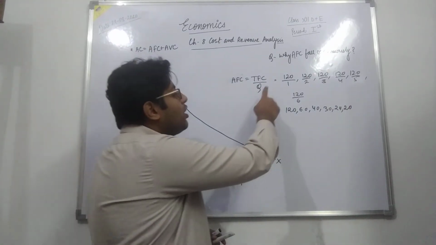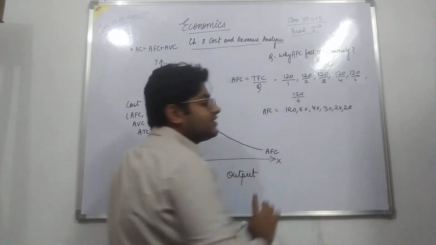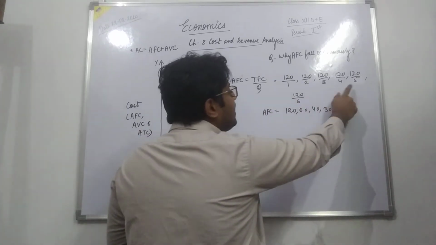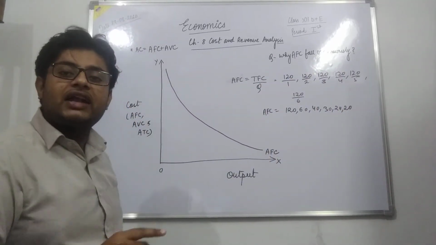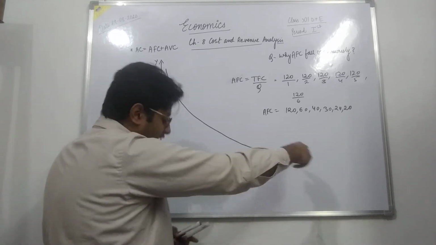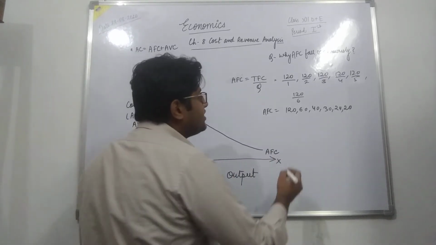So since our numerator is a constant number and our denominator is continuously increasing, that is why average fixed cost is continuously falling. So what is the reason?